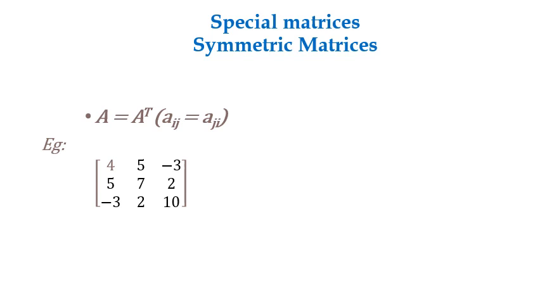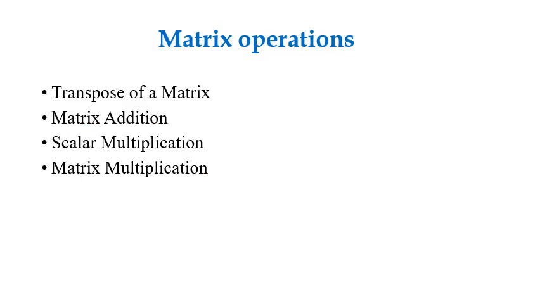A symmetric matrix means that if we interchange rows and columns, the matrix remains the same.